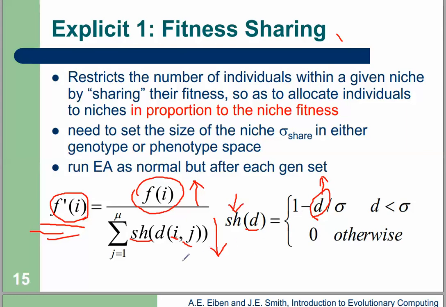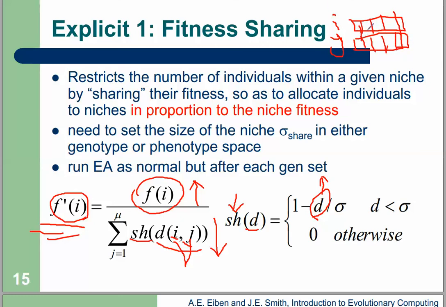I repeat, when we have two elements or two individuals, we calculate the difference between these two elements. For example, we have element I with some genes and element J with other genes.